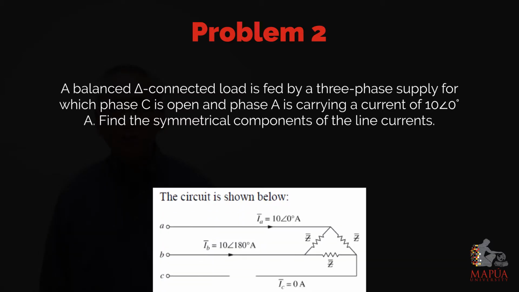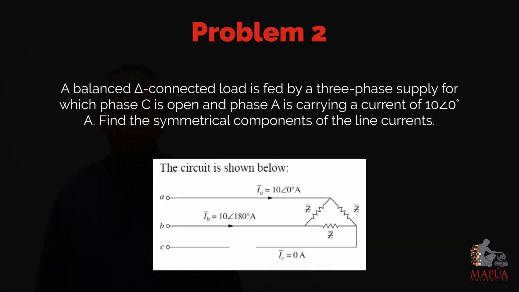So the circuit will be shown based on the given problem. Notice that IA is equal to 10 angle 0 degrees amperes and IC is equal to 0. So with that, IB will be equal to 10 angle 180 degrees amperes.